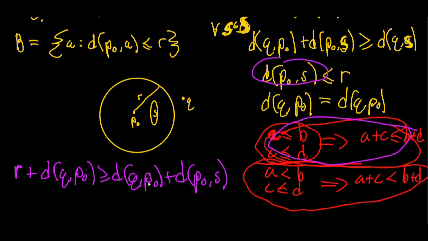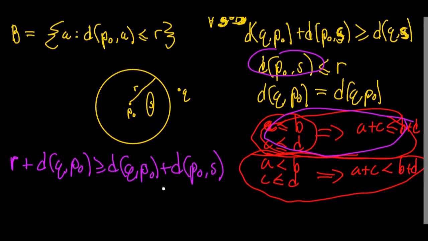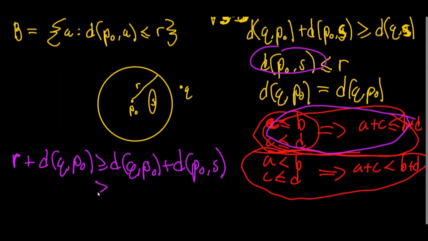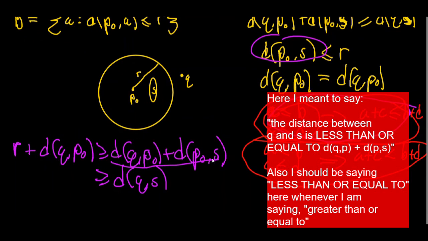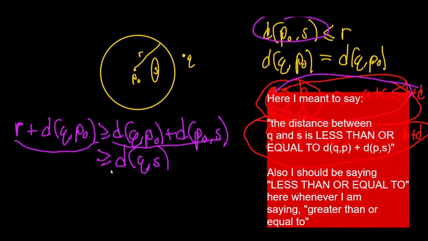And look at this. This distance right here is greater than or equal to, by the triangle inequality, because all metric spaces must satisfy the triangle inequality, and E with the metric D defined on it is in fact a metric space. So therefore we can say that the distance between Q and S is greater than or equal to this guy, but this guy is greater than or equal to this guy. So therefore, look at this. The distance between Q and S is greater than or equal to R plus the distance between Q and P naught.